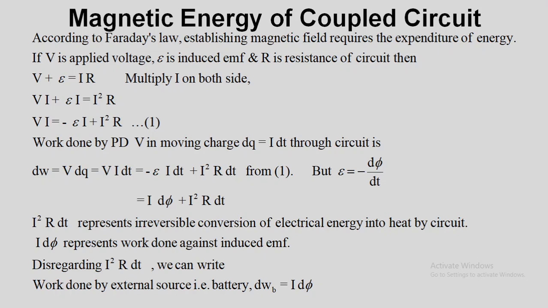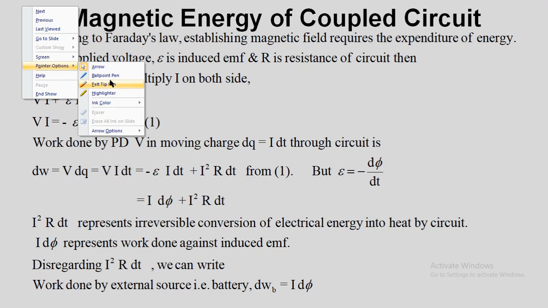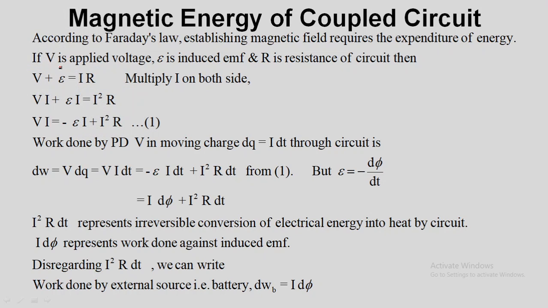Now, suppose V is an applied voltage, that means the battery voltage, and it will induce EMF, small e. So e is the induced EMF, because when you apply the voltage, the current is changed, so flux will change, so EMF will be induced.